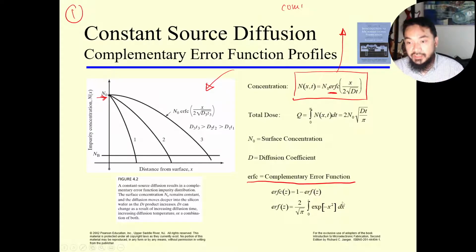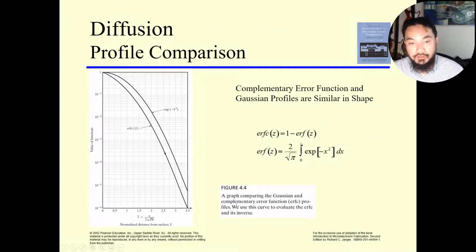So what is complementary error function? ERFC is a function, an equation similar to the Gaussian equation. So this one is a Gaussian equation, which is this line here. The complementary error function is something like a Gaussian function, but it drops off faster.